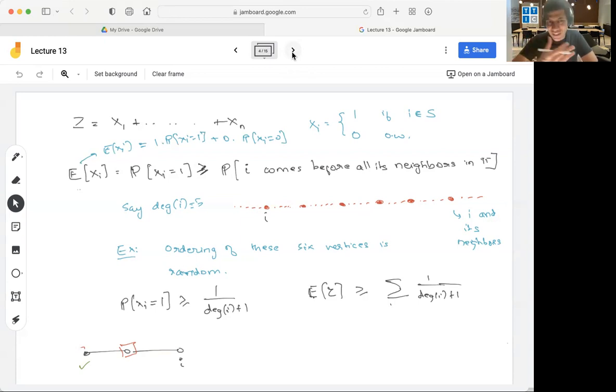Probabilities don't, but in this case, because the expectation can be written as a probability, you can apply linearity of expectation: I'm going to compute the expectation of xi, and then come down to understanding probabilities, because the expectation of xi is just equal to some probability. Does that answer your question? Okay, awesome. Thank you. All right, good. So we will use this fact again and again. If you decompose into a sum of random variables which are 0 or 1, then the expectation of xi is just some probability, and it can sometimes be easier to understand this probability.